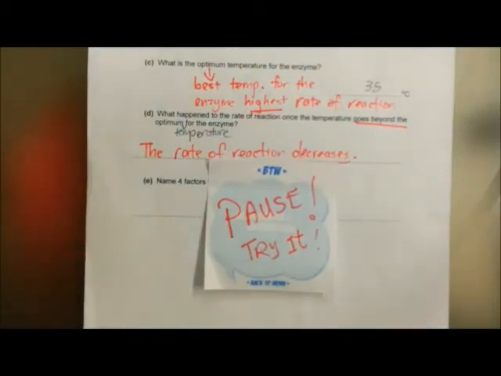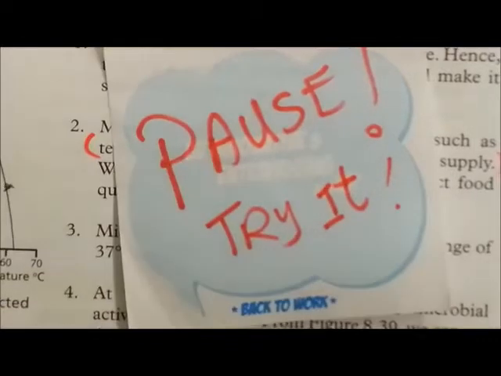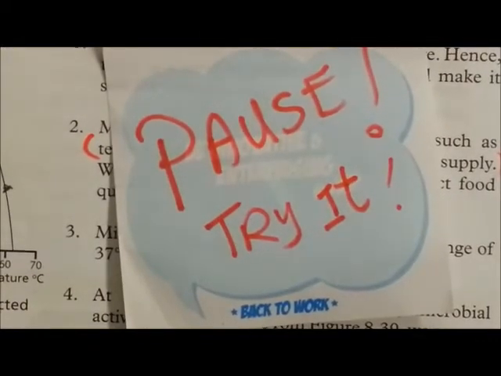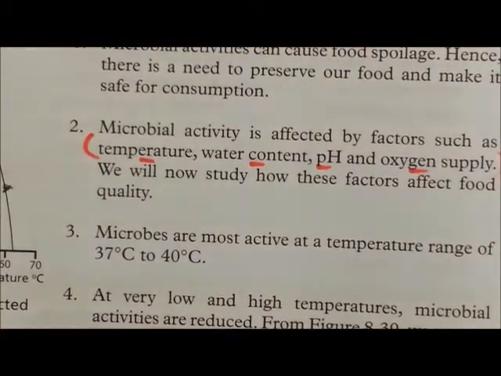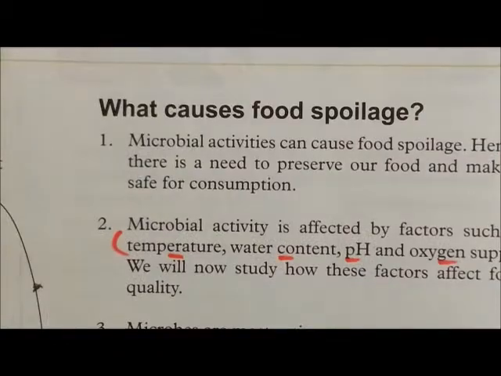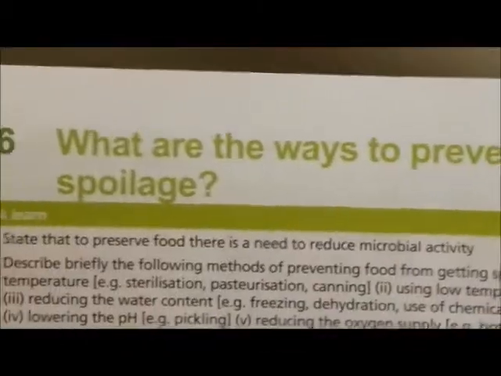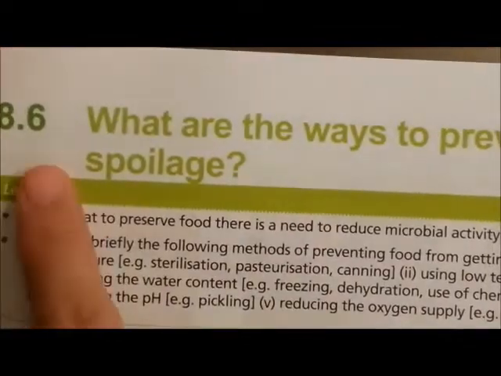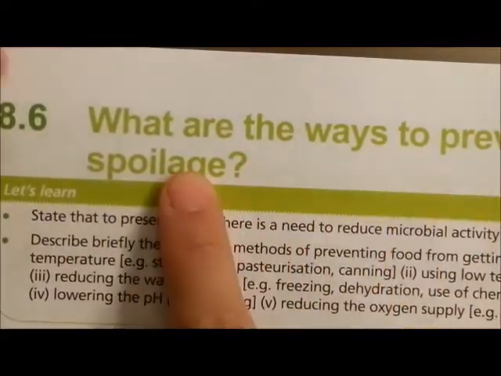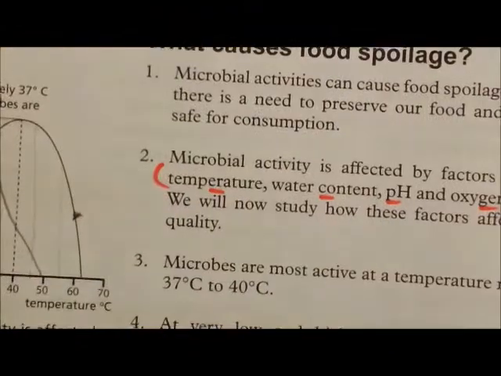Write down your answer before you check for the answer. Alright, welcome back. Did you manage to find out the answer? Now, if you refer to the textbook, on page 106, the section What are the ways to prevent food spoilage, you were able to find the answer.